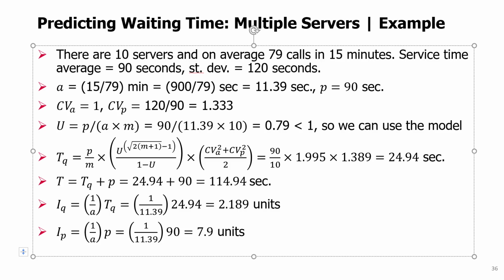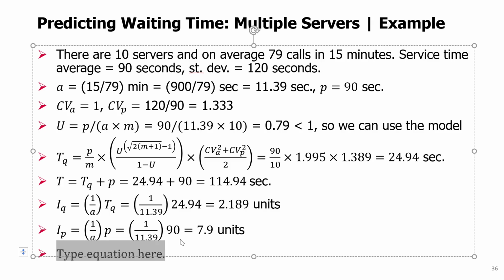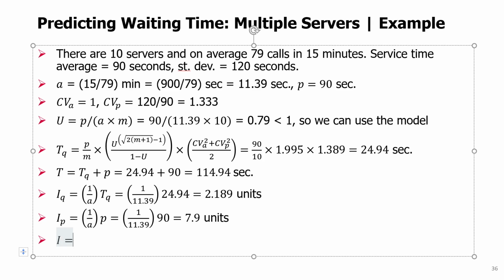And again we can calculate, for example, the inventory as a whole. It would be I, inventory in processing, plus IQ, inventory in waiting. So there will be a total of around 10, 10.089 customers present in the system.